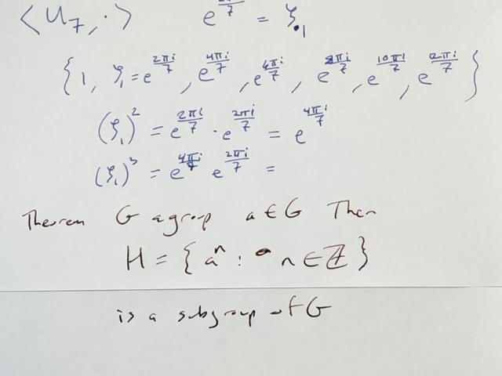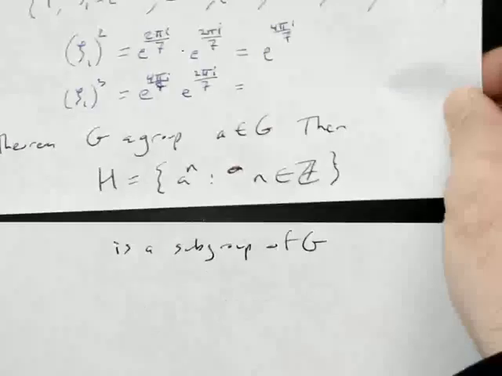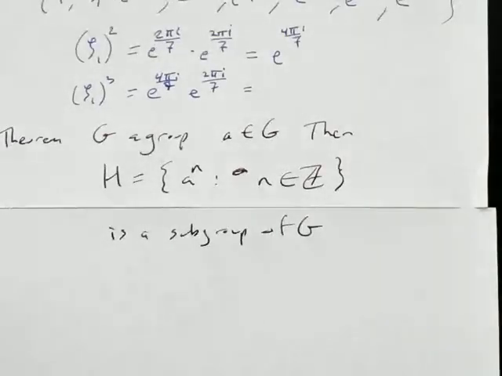It's got to be closed, because two powers, multiply them together. You take a to the minus n, and so you get the identity. Not only that, it's the smallest subgroup of G that can.